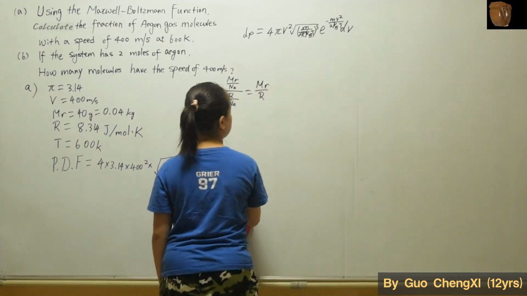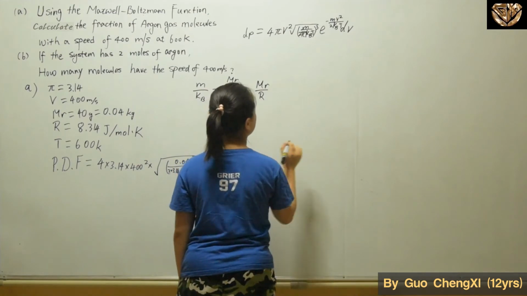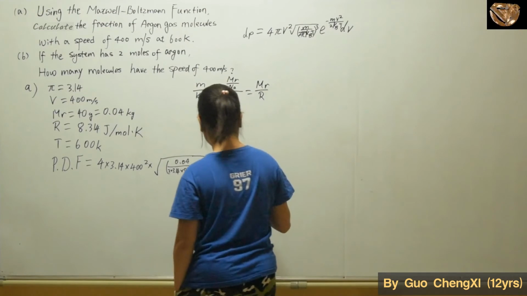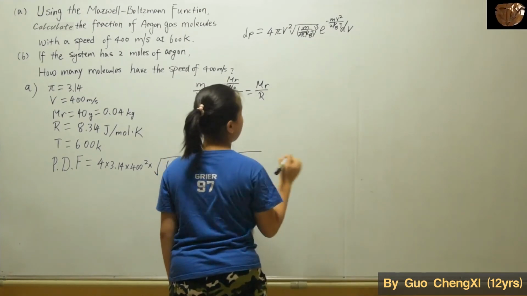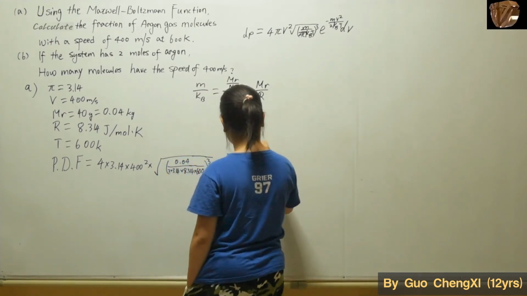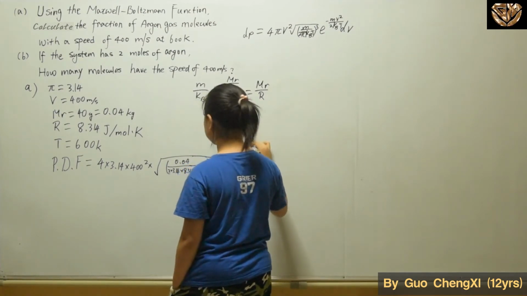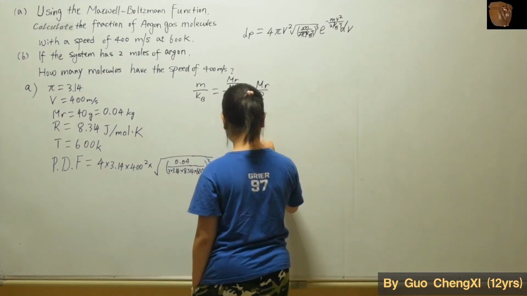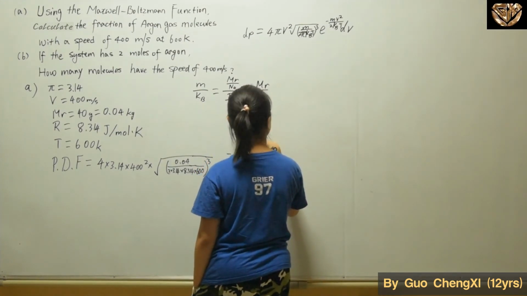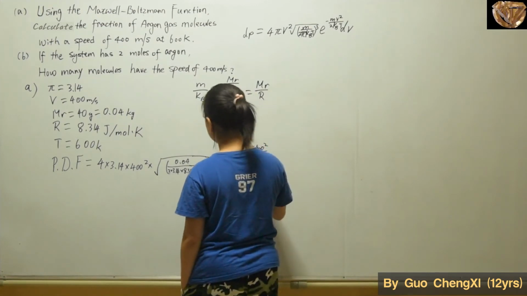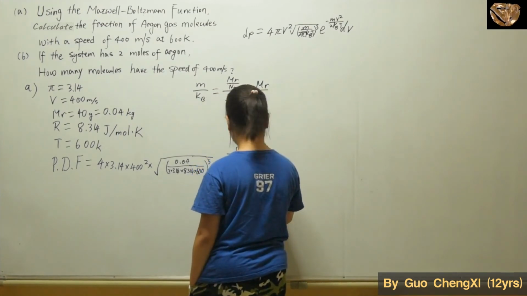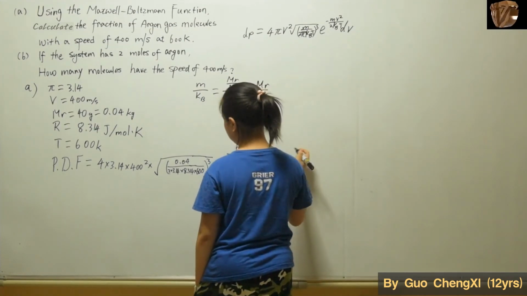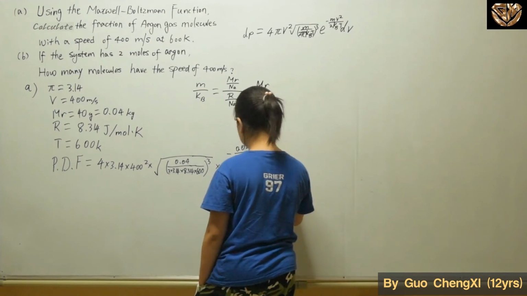And then after that, over here, we'll have to times e to the power of negative. So once again, m over kb. Oh, whoops. So over here for this part, we'll have 0.04 times 400 square times 2 times 8.314 times 600.